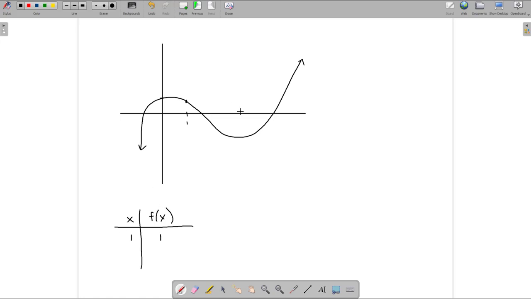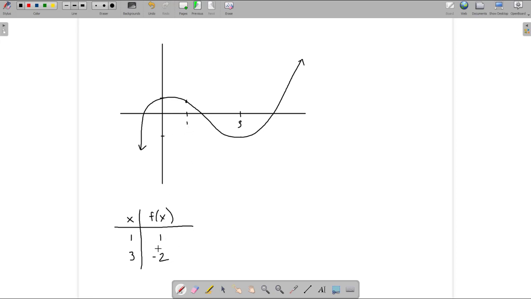And let's say that over here at x equals 3, your f of x was like negative 2 or something. These are completely made up also. So let's say that this is the scenario we're in.